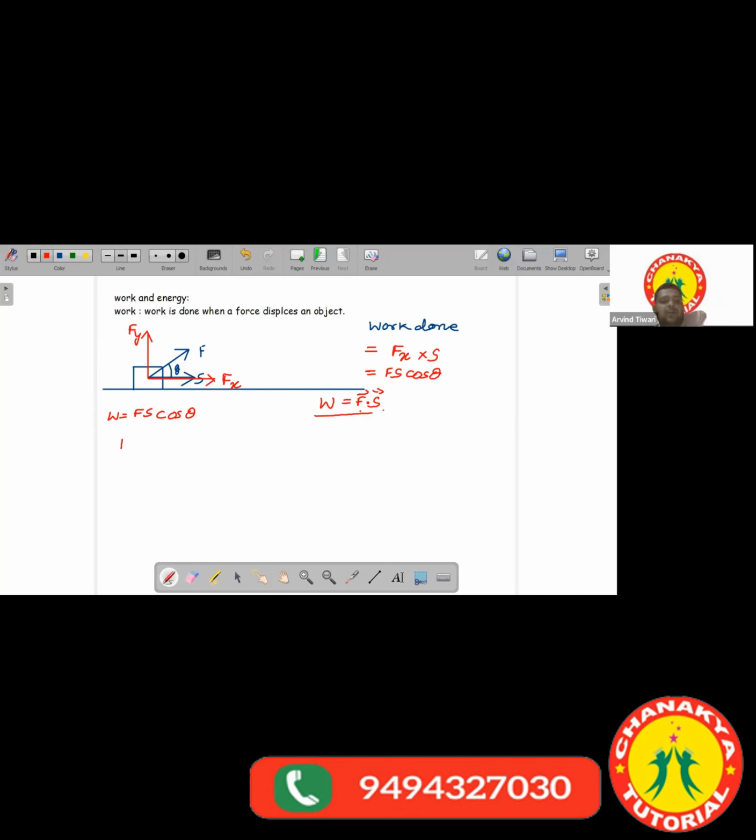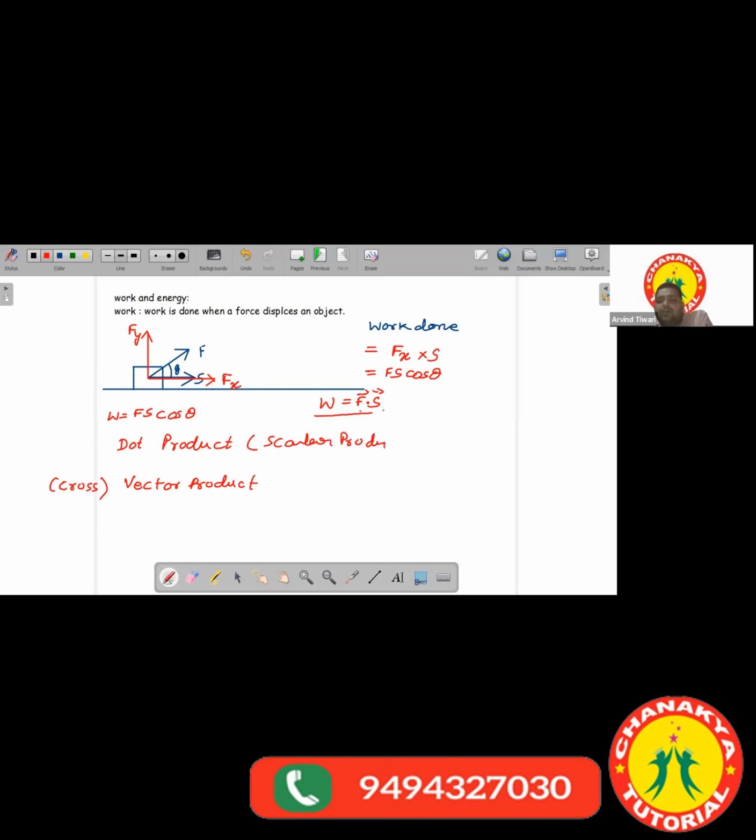One we call the dot product, and the second one is the vector product, or we also call it the cross product. The dot product we also call the scalar product.